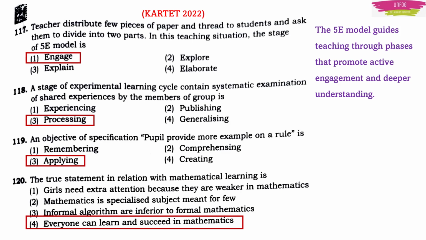The fact is that some people may have to work harder and some may have to work less comparatively, but everyone can learn and succeed in mathematics. So this one you can say is the question of this session. It was a very nice and important question. This is what maths pedagogy actually is. I felt very happy seeing this question in the question paper. So you can expect such general questions also.